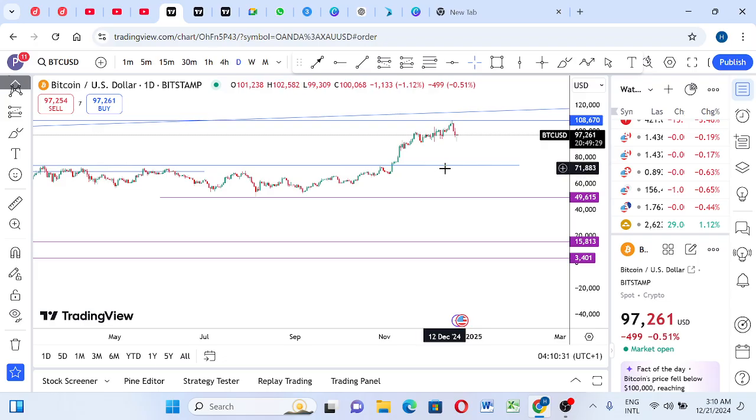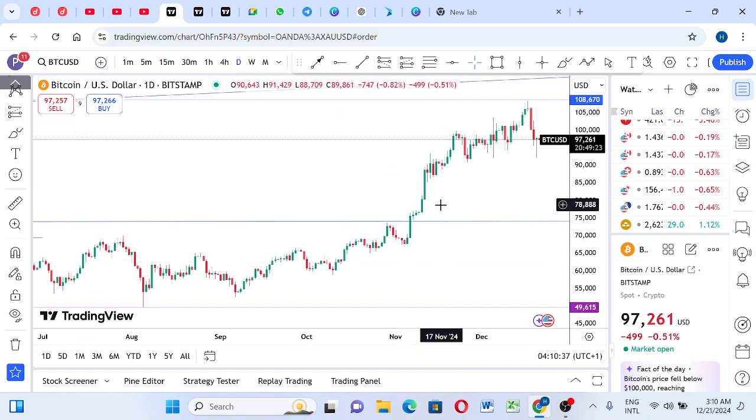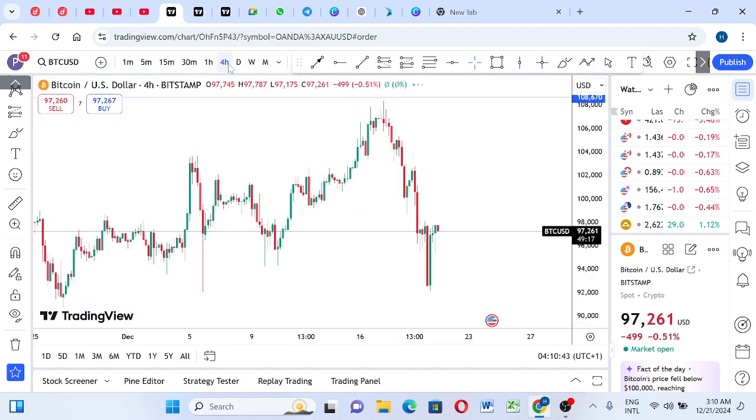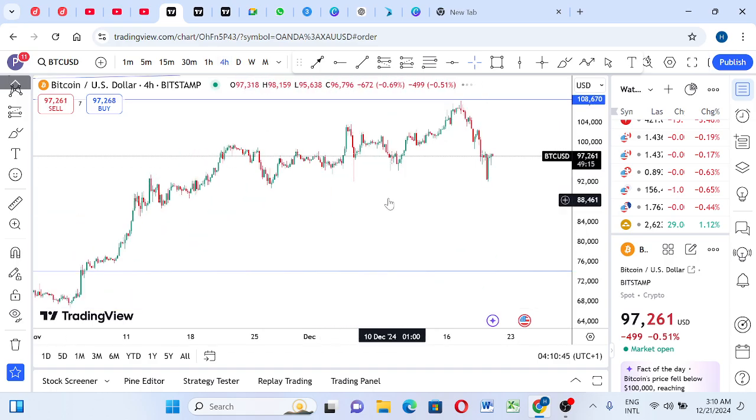So on the daily time frame, things are still going on the same way. It's looking bearish. It's still looking bearish based on what we have on this particular chart. Some persons are still going to be bullish on this market, and I think that is just the best thing to do, to still be bullish because it's a bullish trend.